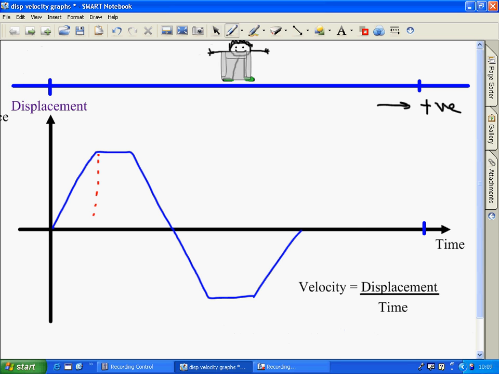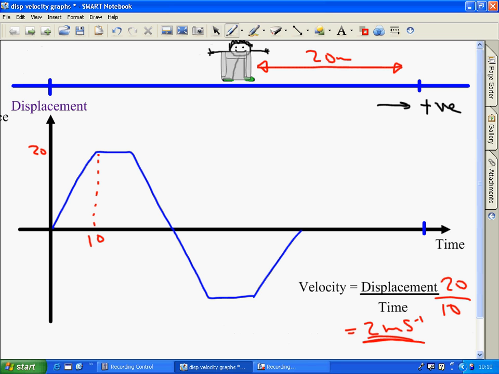So all we would do here is say for his initial part of the journey that took him 10 seconds and was 20 meters, his velocity is displacement of 20 meters divided by time of 10 seconds. It is 2 meters per second. That would be his velocity for that section.